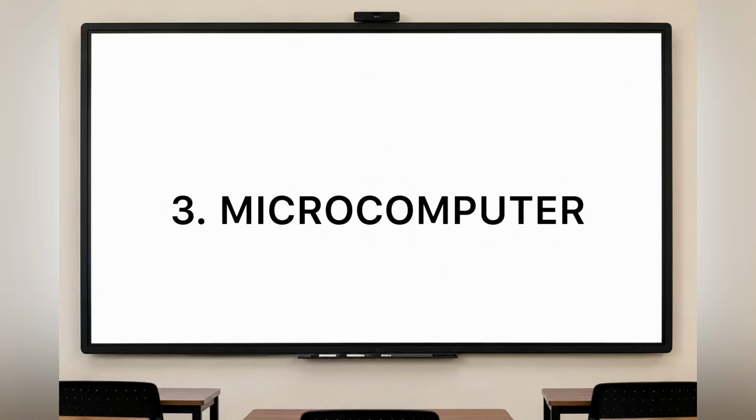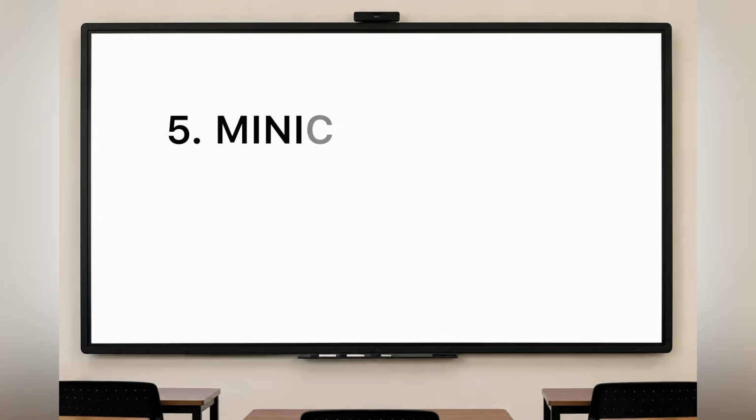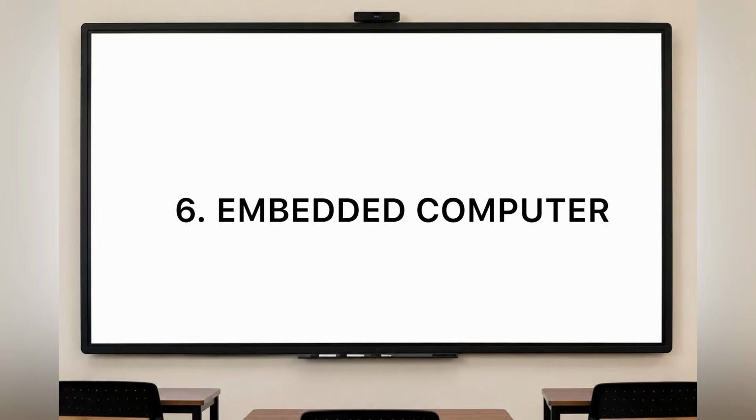These include desktop computers, laptops, tablets, and smartphones. We also have workstation computers, which are powerful computers used for specialized tasks such as graphic design and video editing. In addition, there are minicomputers and embedded computers, which are designed for specific operations and automated functions.